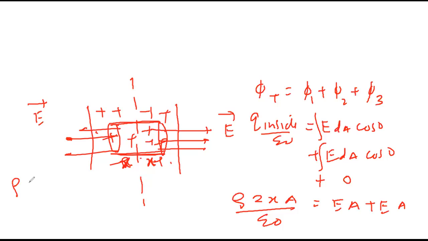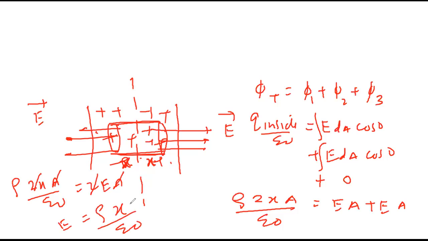So it becomes rho 2xA upon epsilon naught equals 2EA. Both side 2 we can cancel. A we can cancel. So we get E equals rho x upon epsilon naught for non-conducting sheet. Now copy fully.